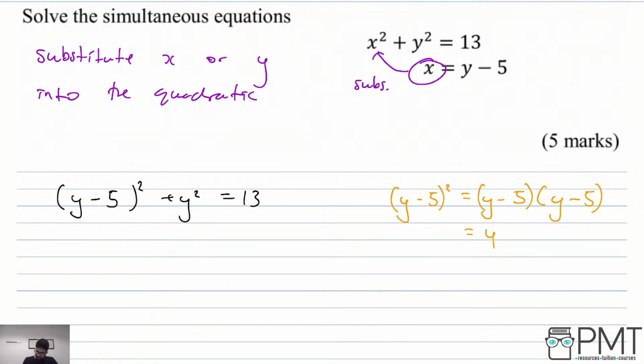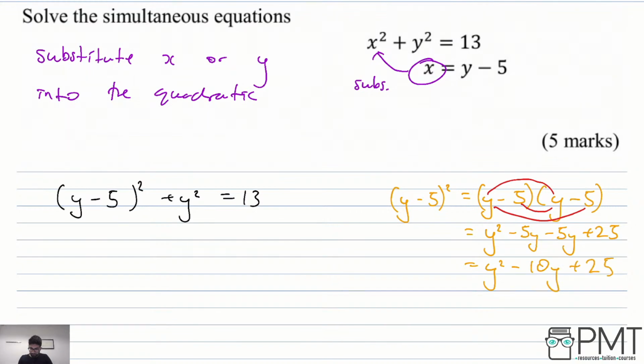So you go y squared, that's the first two together, and then you will do 5 times y, minus 5 times y, minus 5 times y, and then you can finish by multiplying the two 5's. So that's expanding the brackets with every term separately. So let me write that out. Minus 5y plus 25, and y squared minus 10y plus 25. So that's what the first term is there.